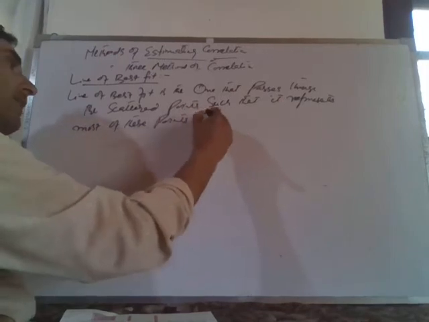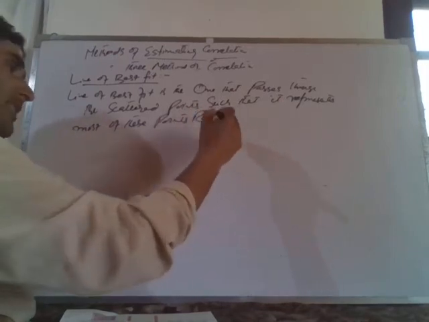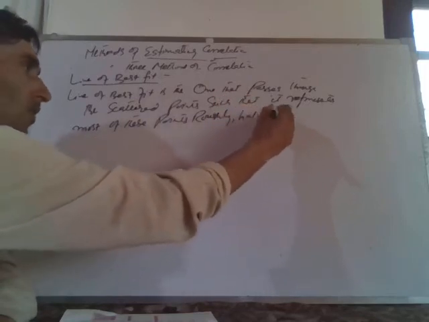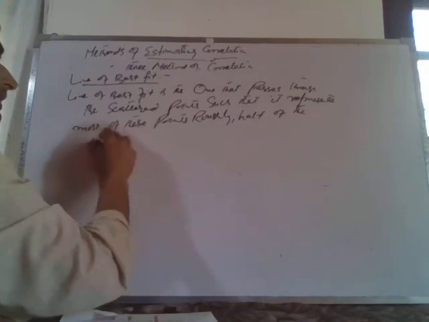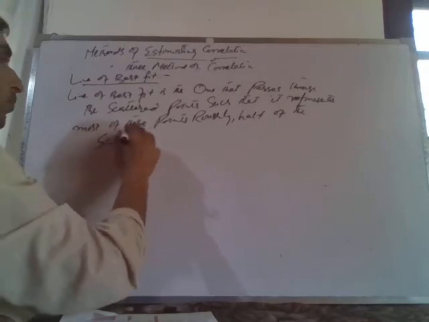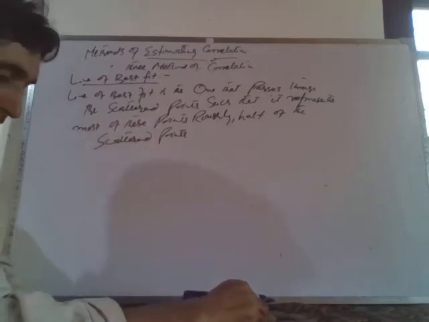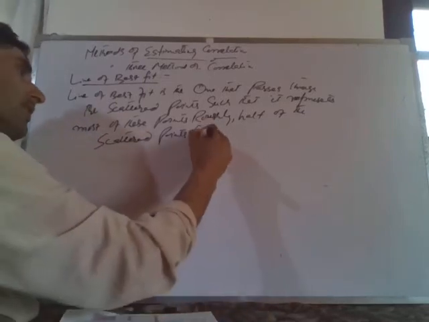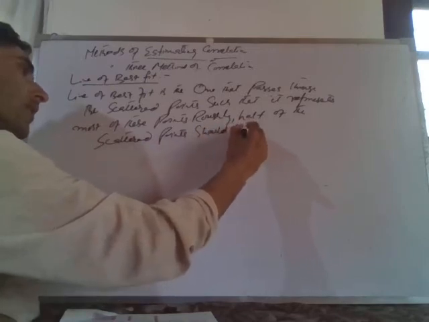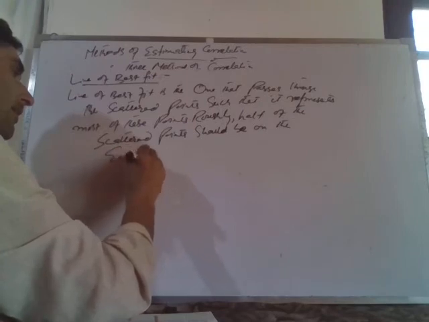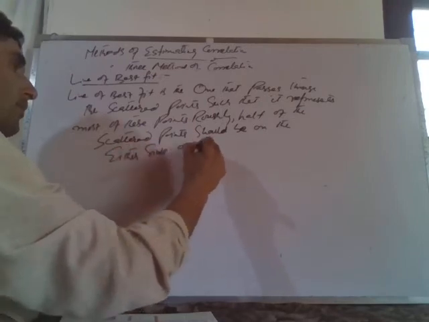Roughly we can say that half of the scattered points should be on either side of the line.